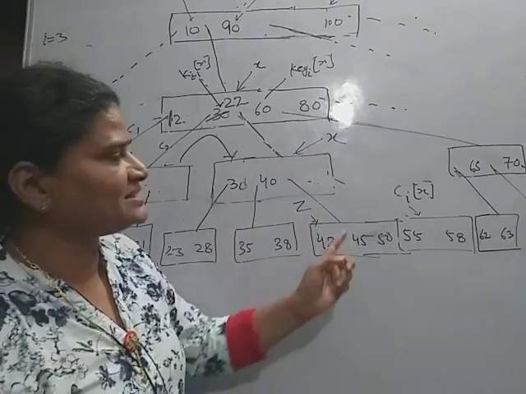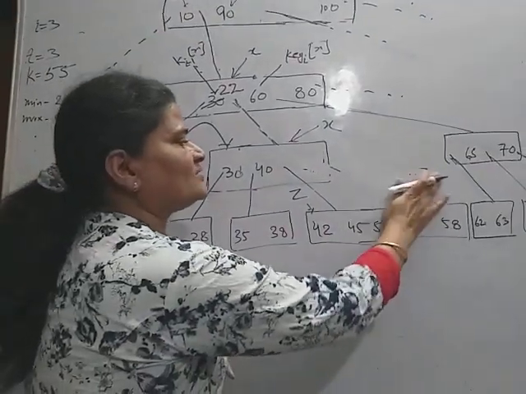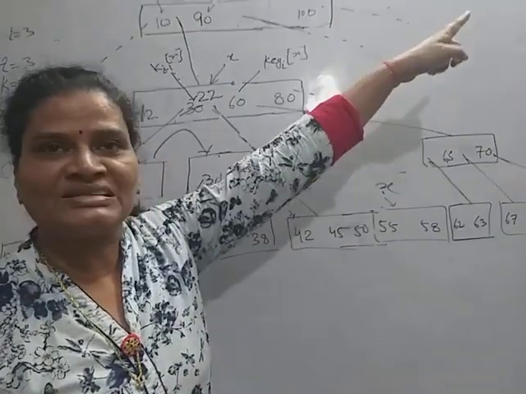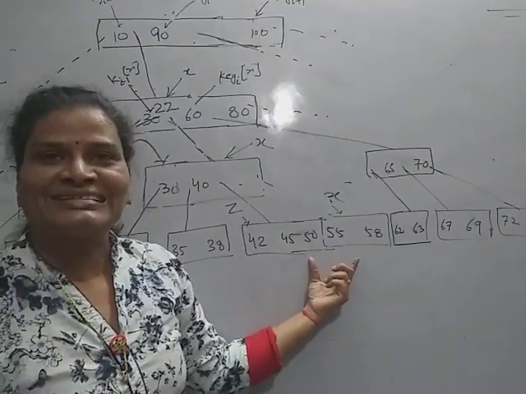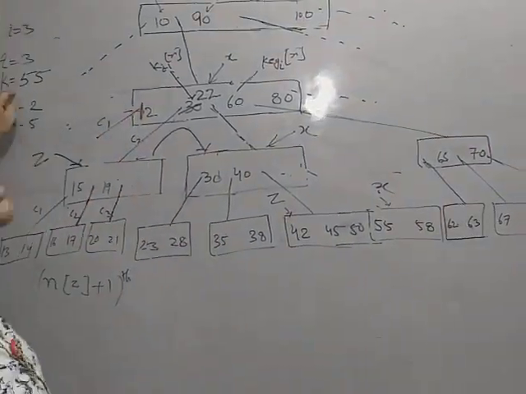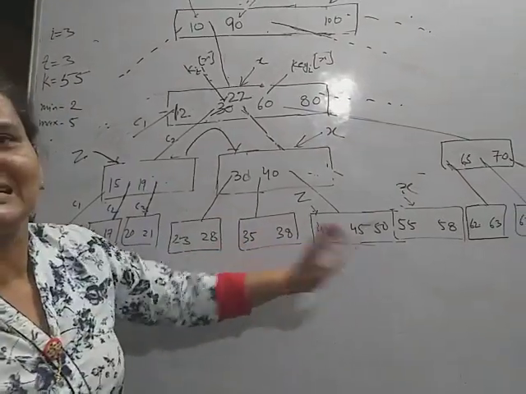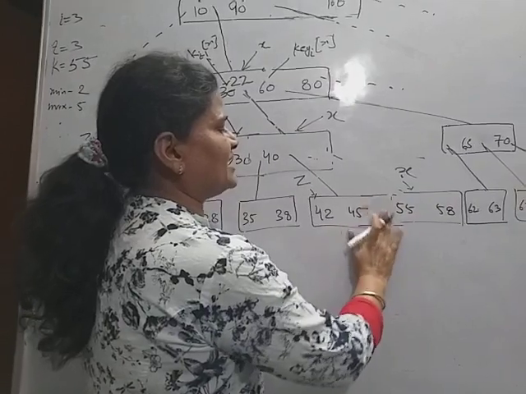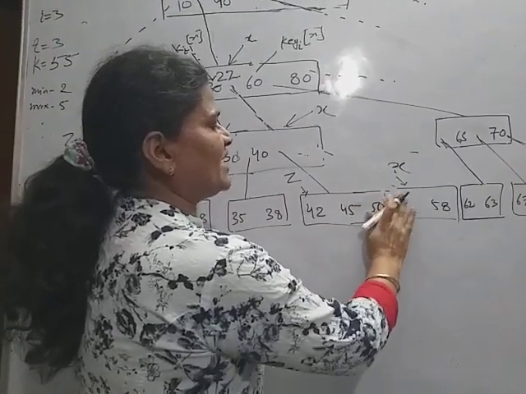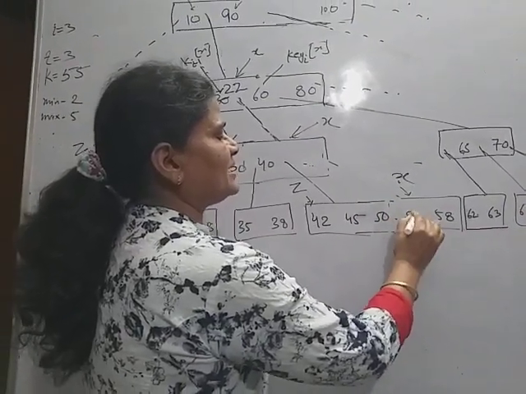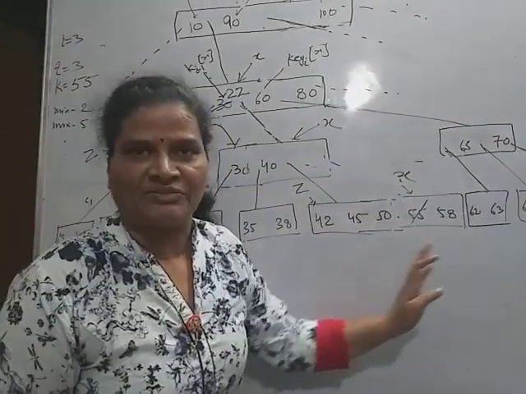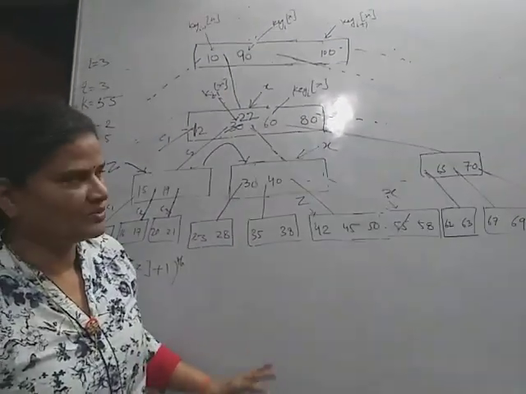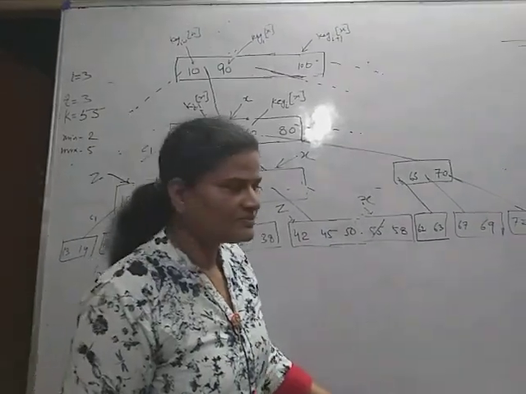So in the next procedure, this will become X. When this becomes X, it will go to the first step: X is a leaf and the key to be deleted is present in X. So simply by shifting, the 55 will be deleted from here. Okay, so 55 will be deleted. So this is the procedure.